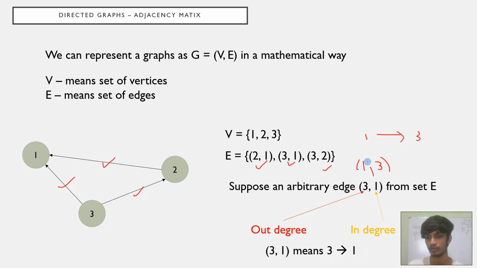That's why it is very essential to have a clear idea about how to represent an edge in this manner. It is pretty simple, but you have to understand it clearly, otherwise you will face some problems later.